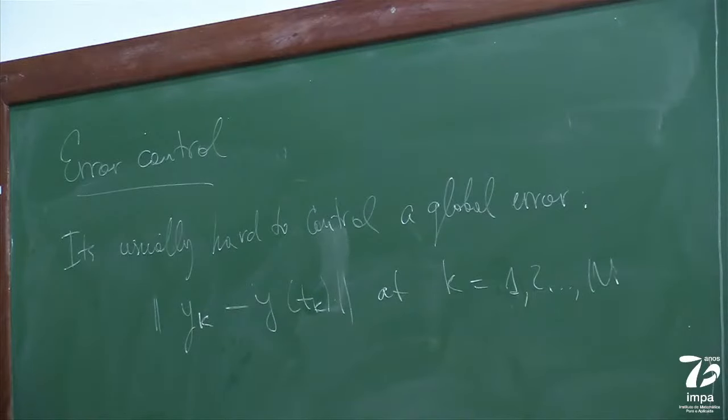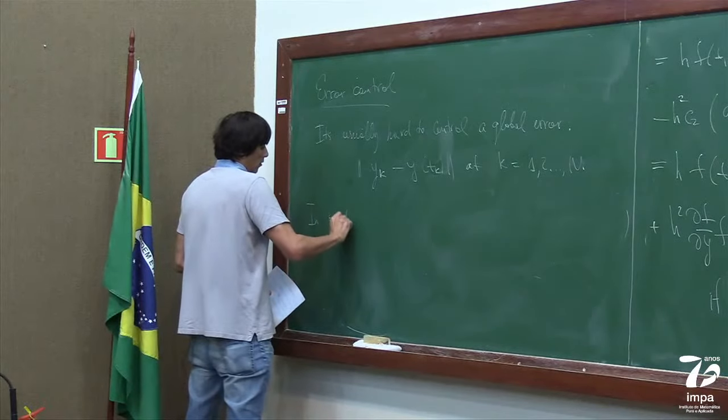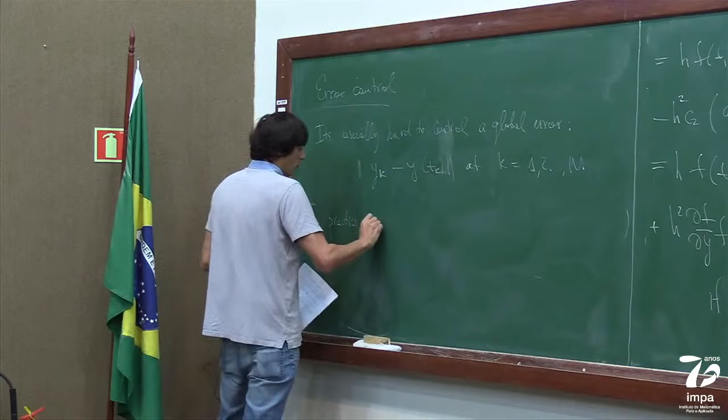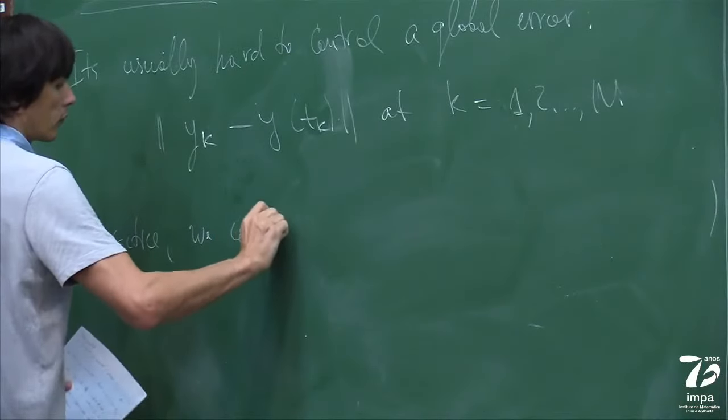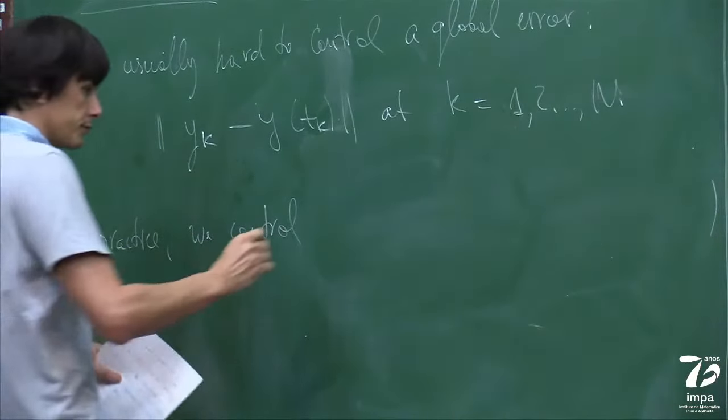Right? So, for example, if the differential equation is hyperbolic, then the initial error, which can be very small, after many steps can increase just because of dynamics, not numerics, but because of the dynamics itself. So usually how is the error controlled practically? So in practice, we control local errors, a local error.